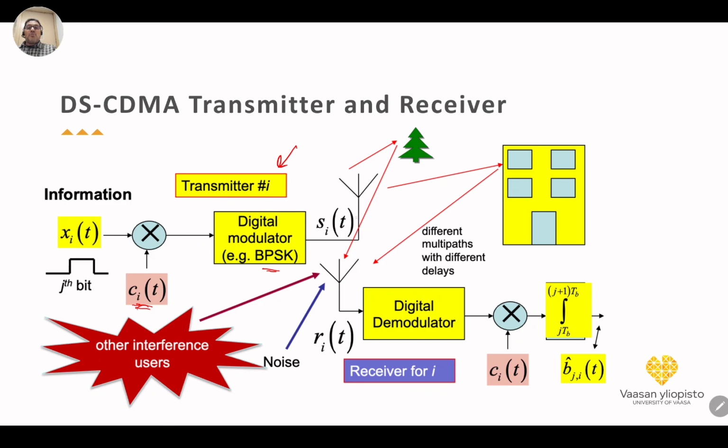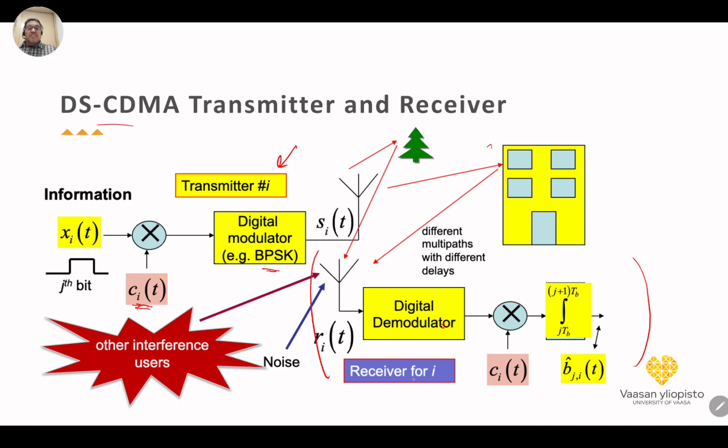Then we transmit, and the signal will be received over multiple paths. We might also have other interference using the same CDMA, and maybe noise, and many different signals will be received at the receiver side. This is our receiver, where we have digital demodulation for binary phase shift keying, so we multiply again by cosine 2πfct as we saw before.